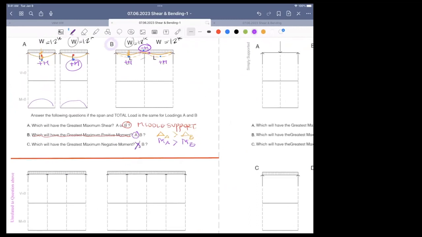Therefore, A is all positive. B has a negative moment above the middle support. Does that make sense? So B is the answer to this one. It has negative moment. A does not have negative moment. Okay.